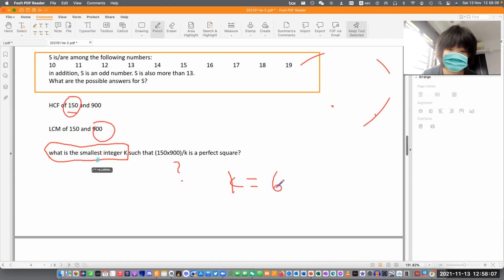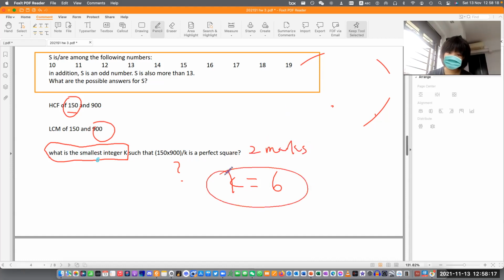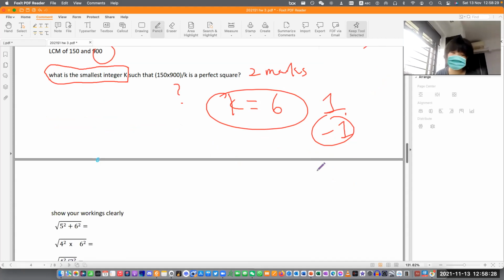There's this thing called a calculator where you can guess and check. Very good. But I want to let you know, if this is a 2 marks question and your answer is 6, you only get 1 mark. You need to show the working. Correct. So how do you show your working? Guess and check. No, guess and check doesn't get you another mark.